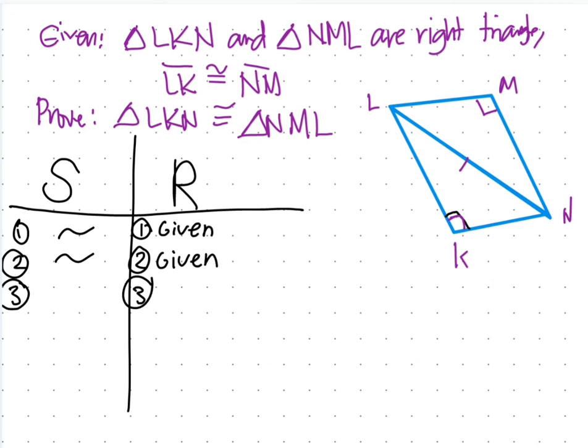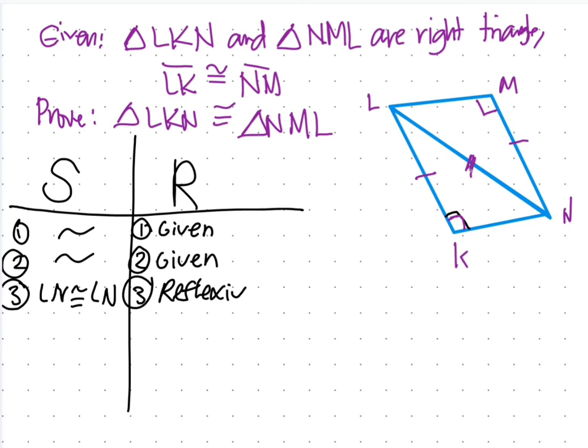Not from the given. But it's given that LK is congruent to NM. So we already knew that one of the legs of each of the triangles are congruent. So we write the given, and then LN should be congruent by the reflexive property of equality.